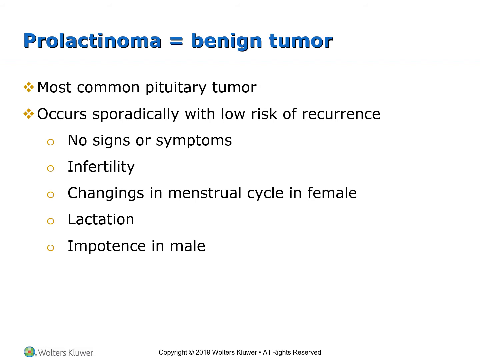In other cases, we may see lactation that starts to happen in a woman that is not pregnant. It may also cause infertility and impotence in males because it has a female type of behavior. The hormone will inactivate the testosterone in males. And in some females, if it happens in midlife, we may see changes in their menstrual cycle.